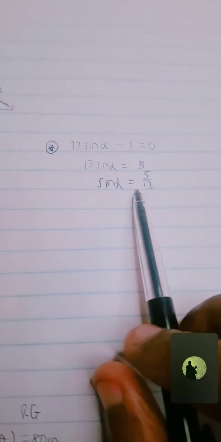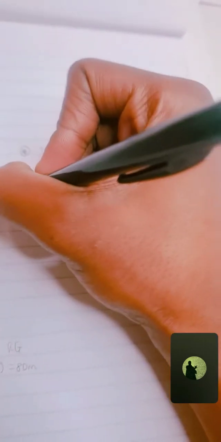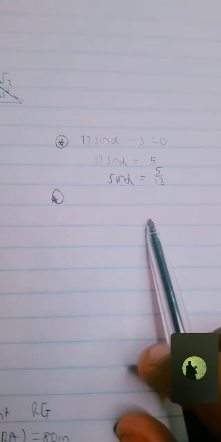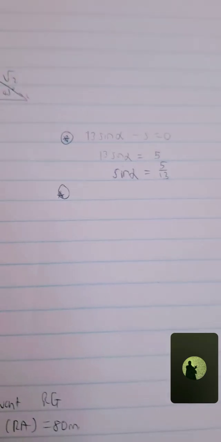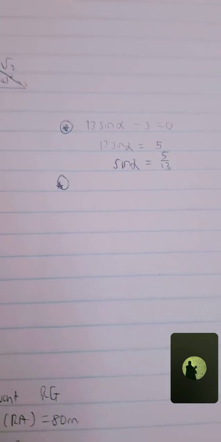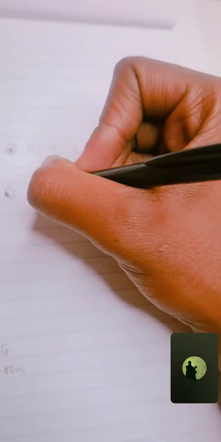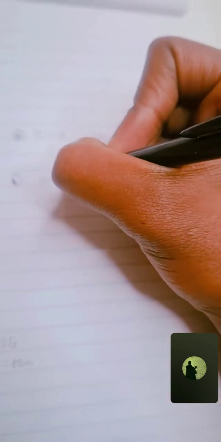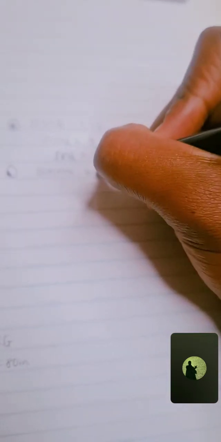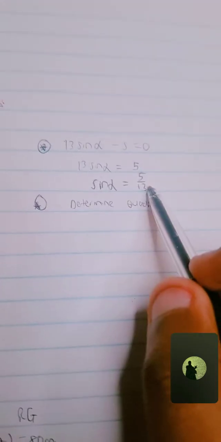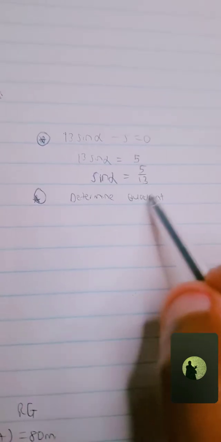That's a good accomplishment. Then the next thing is we need to do what? Determine the quadrant, which comprises a few steps. So isolate the trig ratio, now we need to determine the quadrant. To do that, we say sine alpha is equal to 5 over 13. Is this positive or negative?